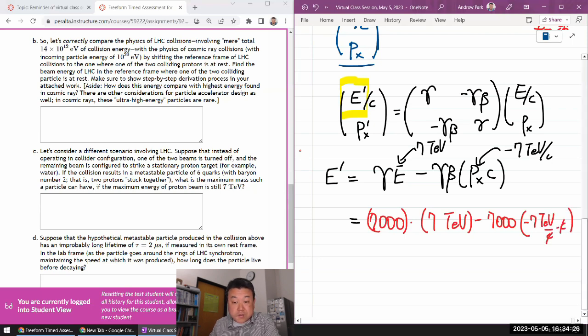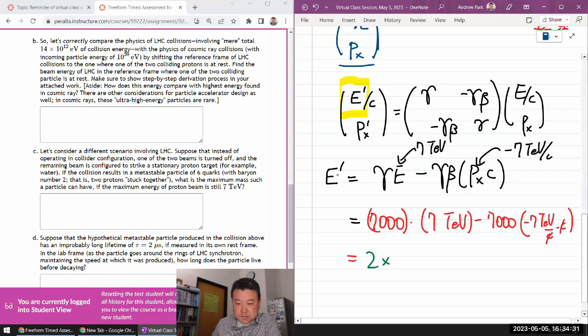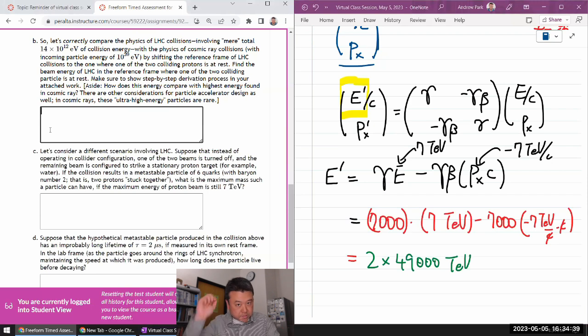The c's cancel, so it's basically going to end up being 2 times 7 times 7,000, so 49,000 TeV. Or doing the calculation in my head, E_B prime is 9.8 times 10 to the power of 1, 2, 3, 4, and then 12, so 10 to the power of 16 eV.